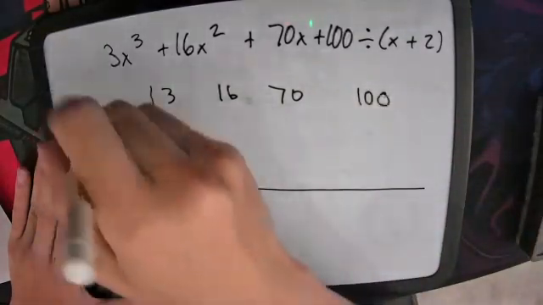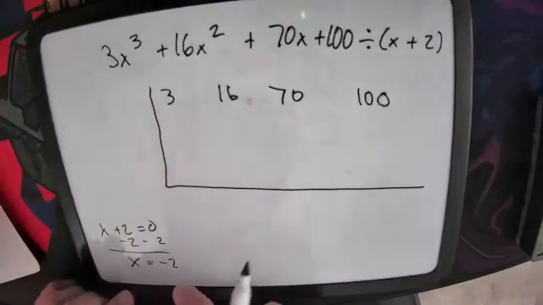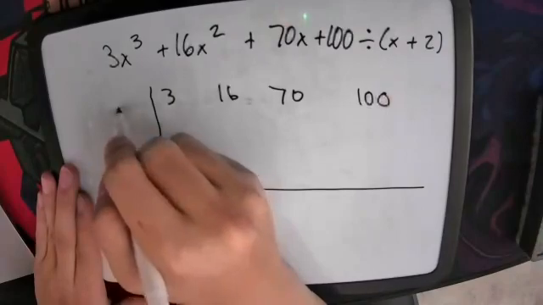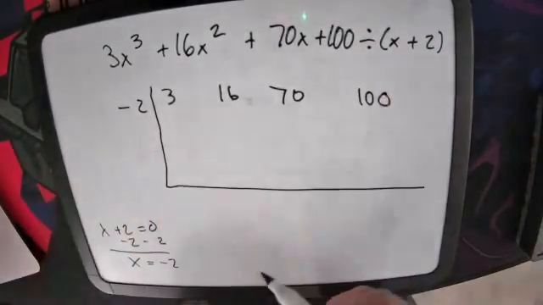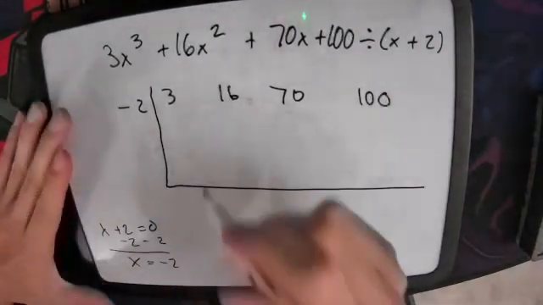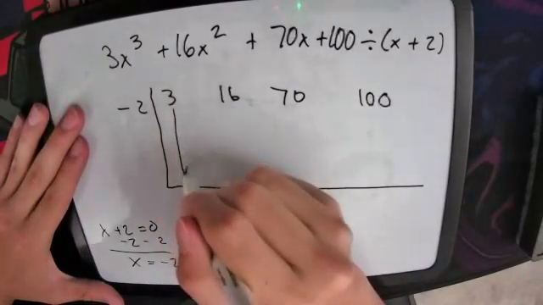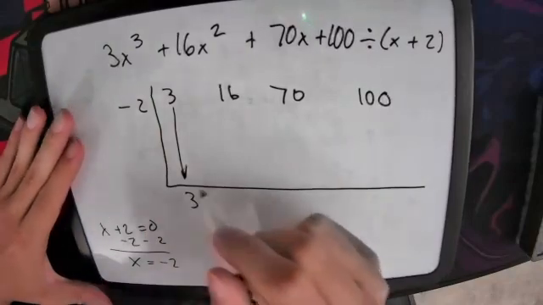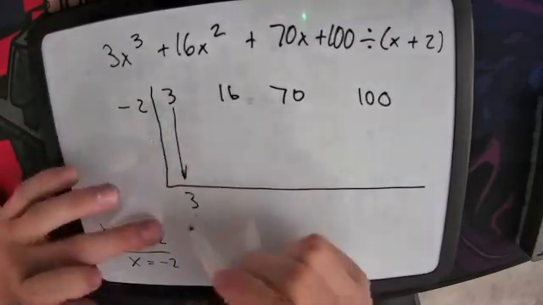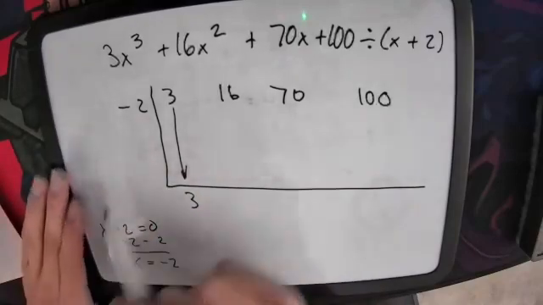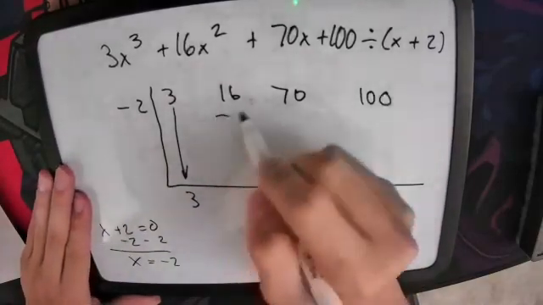And on the left side over here, we're going to have to input the 0 for this binomial expression, so that's going to be negative 2. So the first step in solving using synthetic division is to drag down this 3 over here. So now from here we have to multiply negative 2 and this value that we drag down, so that's going to be negative 6.